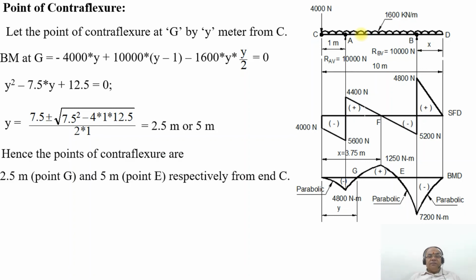Hence the points of contraflexure are 2.5 meters, that is point G, from C, and 5 meters, that is point E, respectively from the end point C. So from here to here, it is 5 meters.